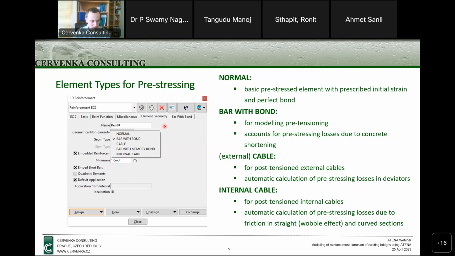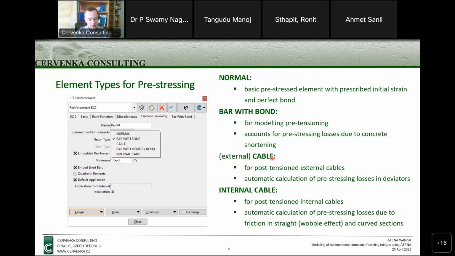This is implemented in the material models called cable and internal cable, which have one slight difference.